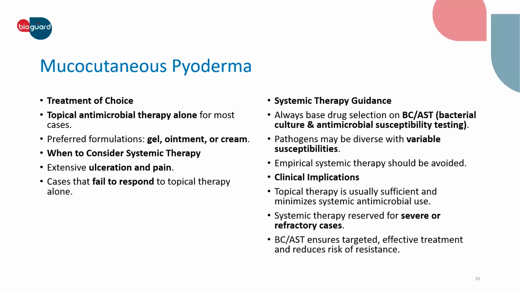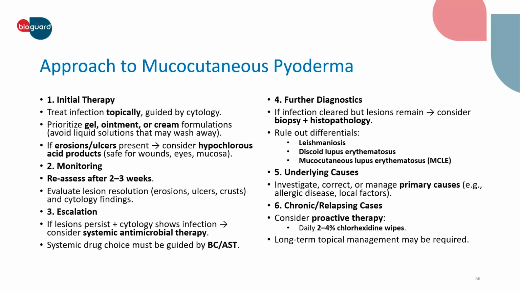Topical therapy is usually sufficient and minimizes systemic antimicrobial use, while systemic therapy is reserved for severe or refractory cases. And BCAST ensures targeted, effective treatment and reduces the risk of resistance.